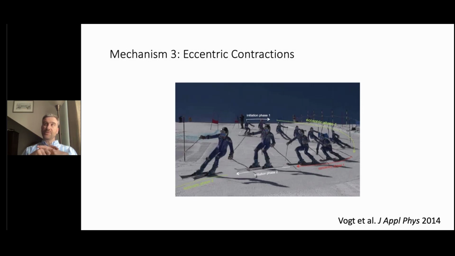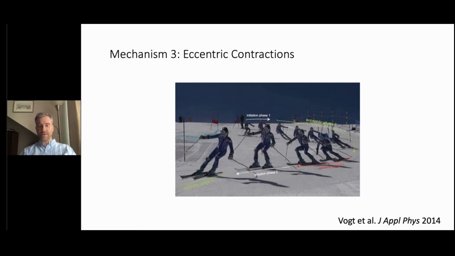We're familiar with eccentric loading from being on the ski slope, and you can see here that as the skier goes into the turn, they're flexing their knees and lowering their back down. But in order to prevent themselves from falling completely backward, even while they're flexing their knees, they're activating their quads to keep from falling backwards.